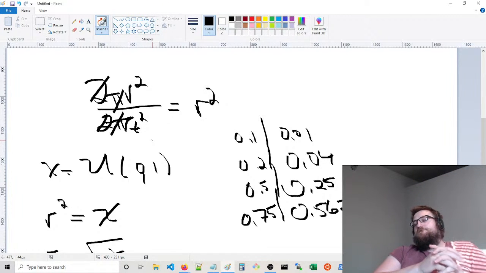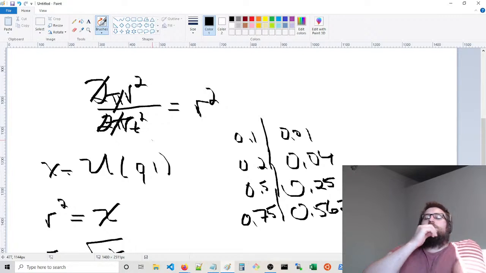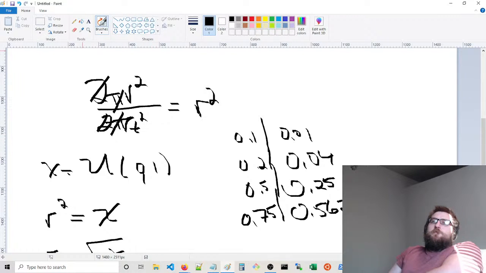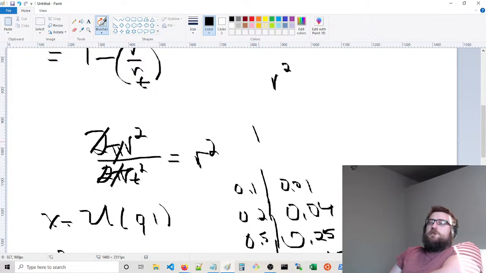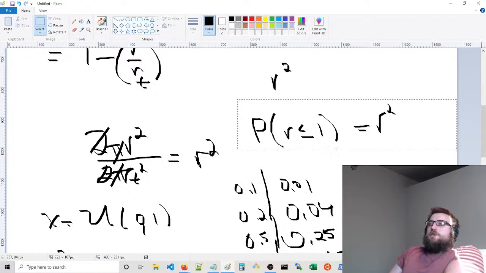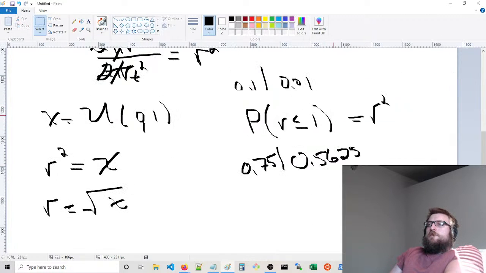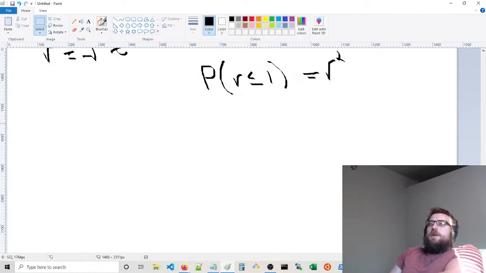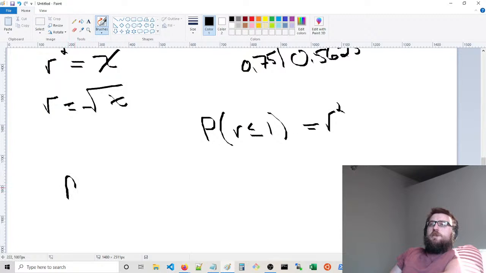But the probability that R is less than or equal to r is r squared, right? And the probability that R is less than or equal to r is uniformly distributed from 0 to 1.